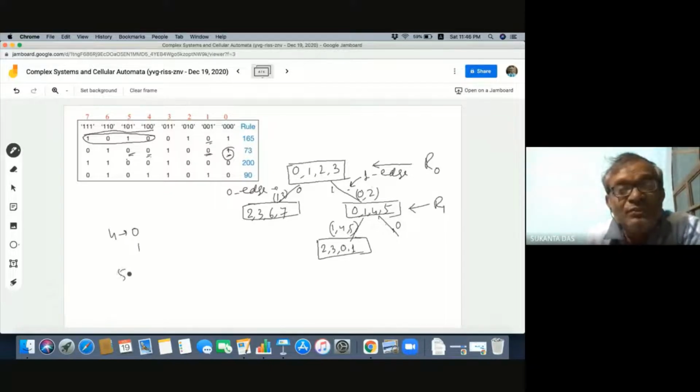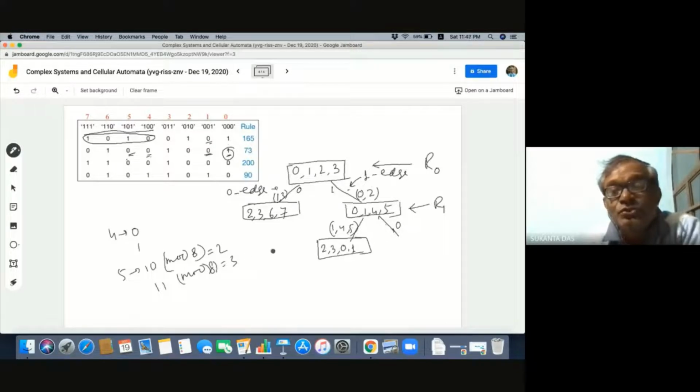Now from 5, 2 into 5 is 10, 10 mod 8 is equal to 2, and 11 mod 8 is equal to 3. 2, 3 I have already written. Since it is a set, I need not write them again. Therefore, this node consists of 0, 1, 2, 3. These are RMTs.